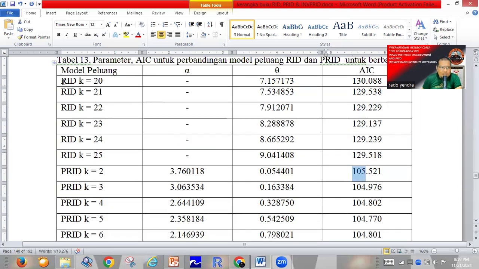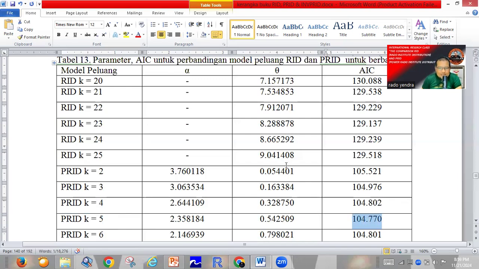This is very different from the AIC values of RID with K equal to 20 until 25, which are between 129 and 130. So from this, we choose PRID as the best model, especially PRID with K equal to 5, with the lowest AIC value.